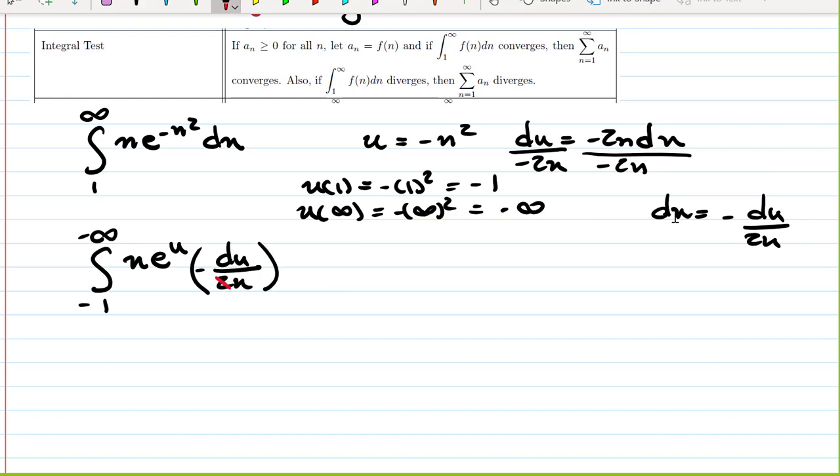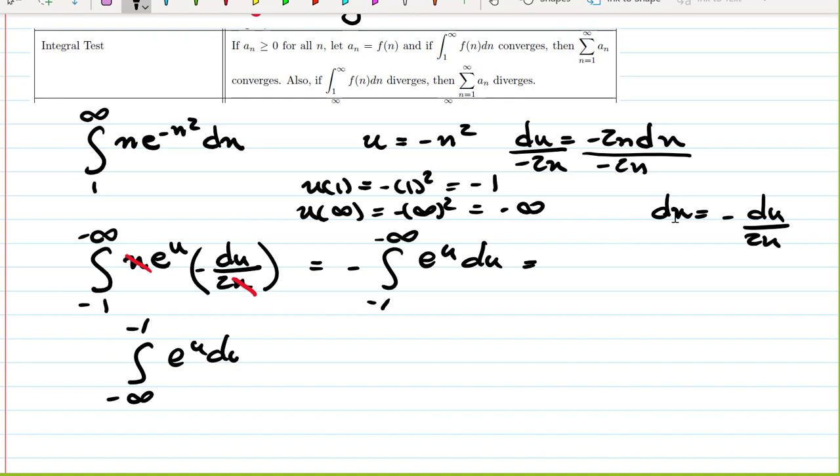So our n's reduce out, and we get a minus sign that goes out in front. So we would get the negative of the integral from negative 1 to negative infinity of e to the u du, which is going to be the same as reversing our limits of integration, the integral from negative infinity to negative 1 of e to the u du.